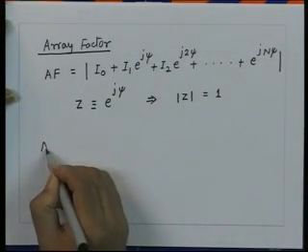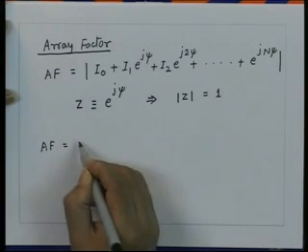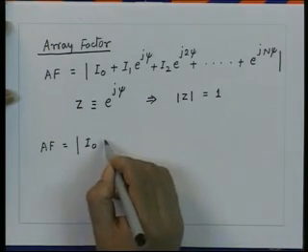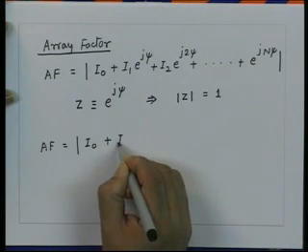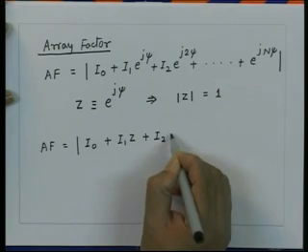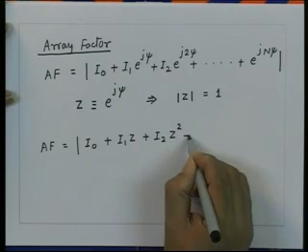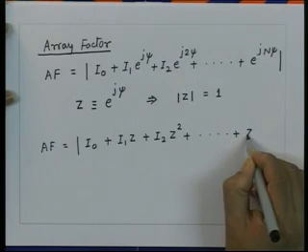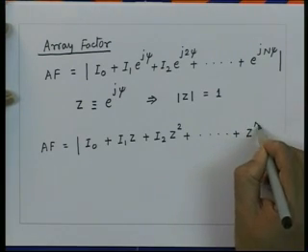So, the array factor can be written now in terms of this z. So, we have array factor which is I0 plus I1 z plus I2 z square plus and so on, z to the power n.